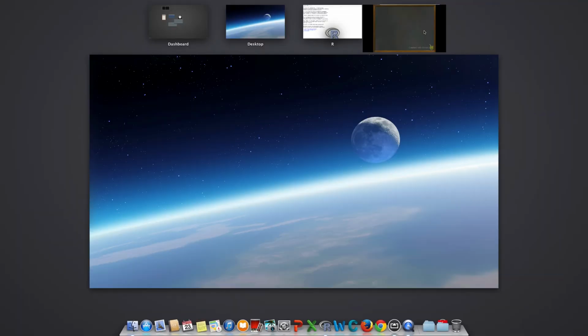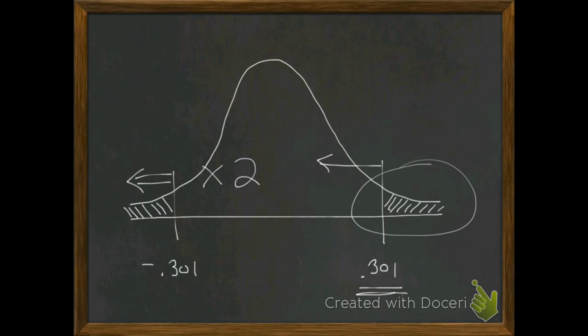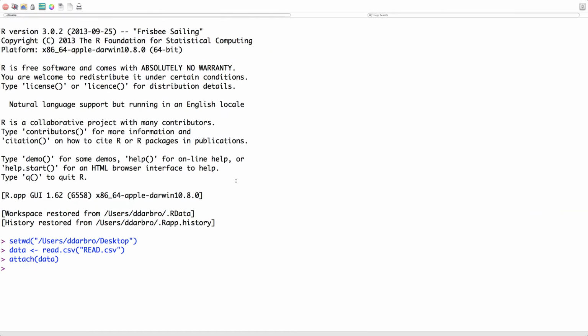So let's jump over to R and make those calculations. Let's see, negative 0.301, okay. So use the pt function and go negative 0.301. And our degrees of freedom were nasty. I remember that, 19.532.